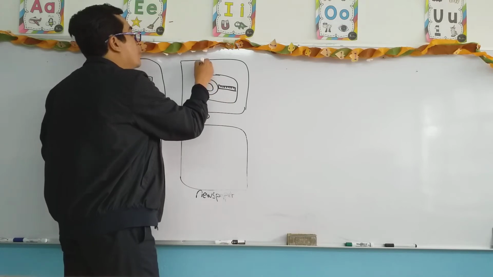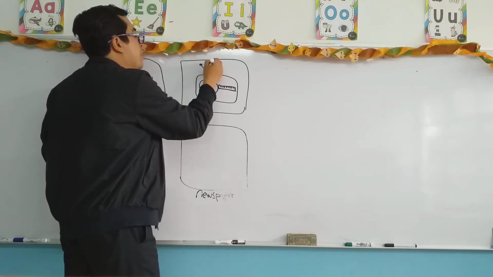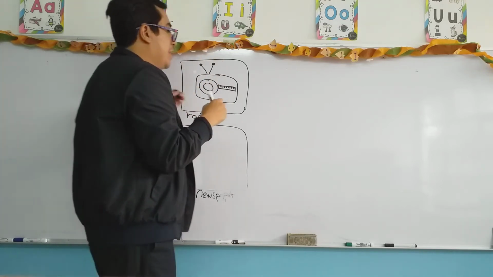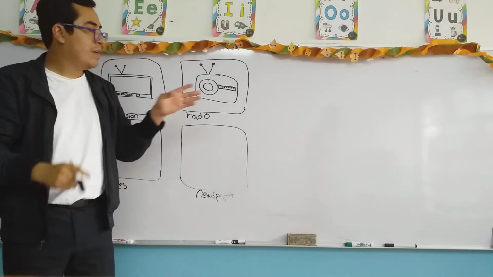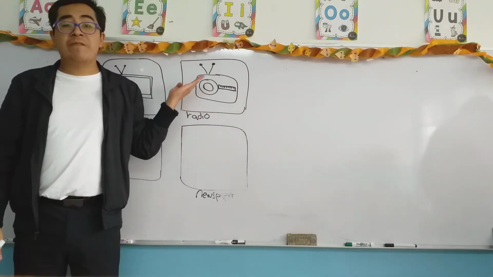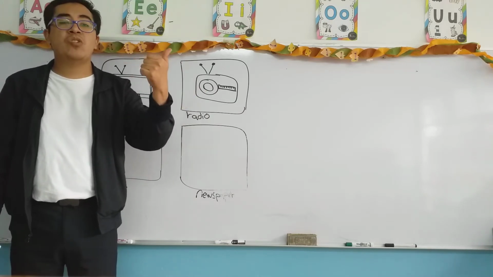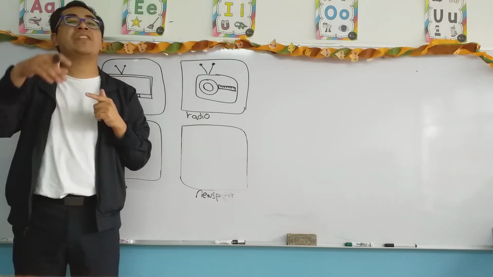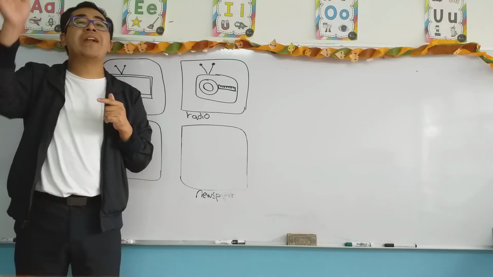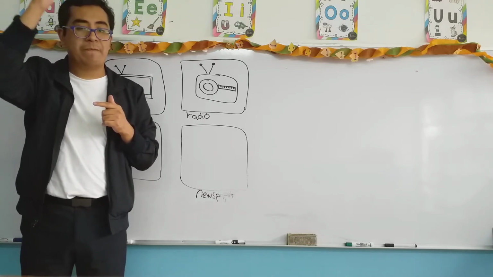Okay? And of course, all radios have their own antennas. Okay? Once again, this is a means of communication because through the radio we can listen to music or we can listen to the news, once again, of what is happening around the world.